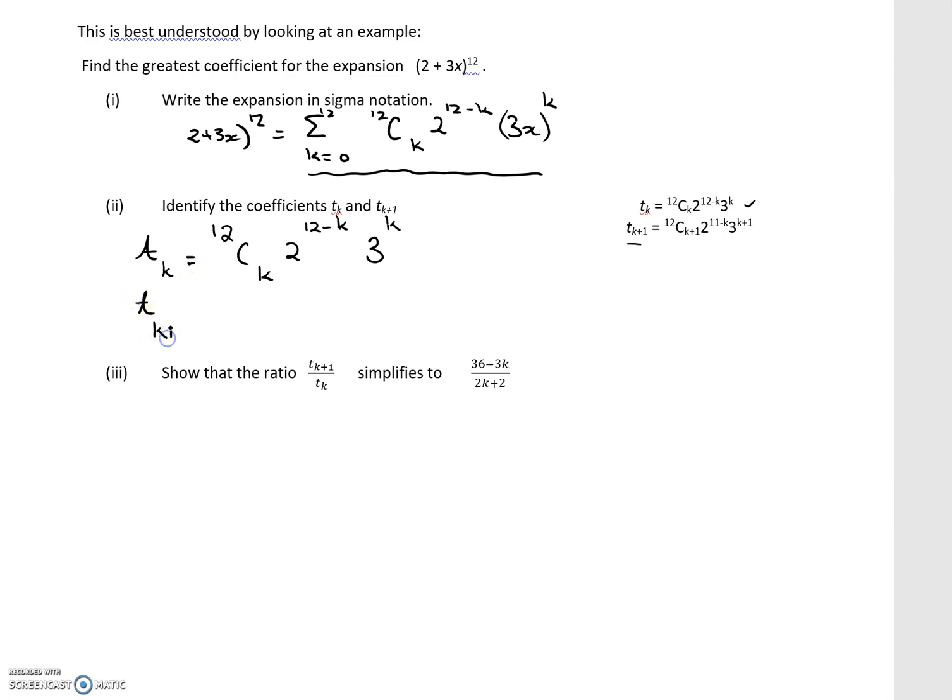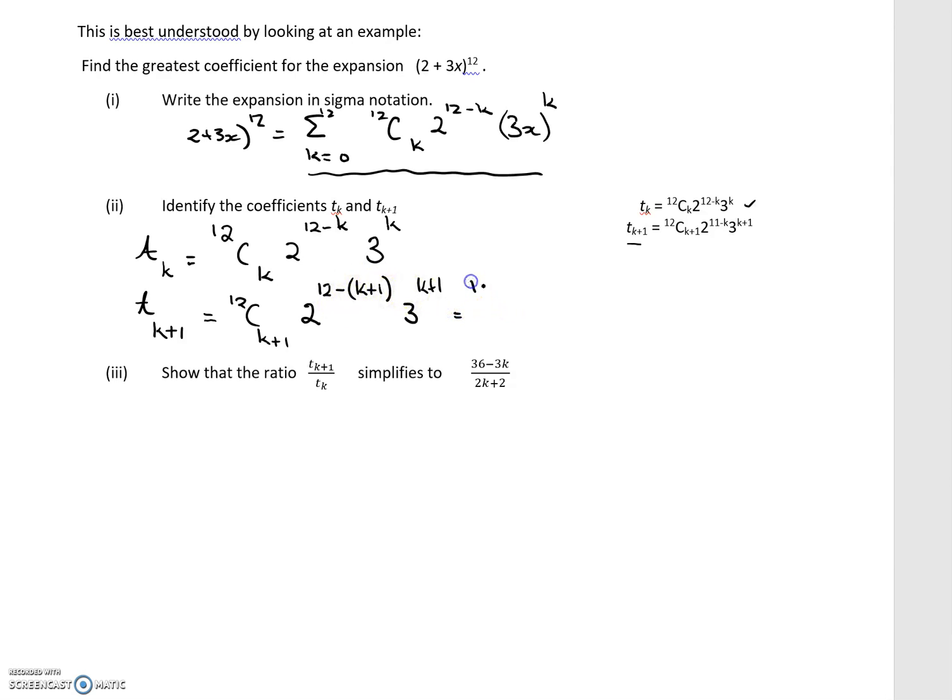The coefficient called tk plus 1, the next coefficient after that, would be 12C(k plus 1), 2, now I'll do it the long way, to the 12 minus (k plus 1), 3 to the k plus 1, which we need to tidy up.